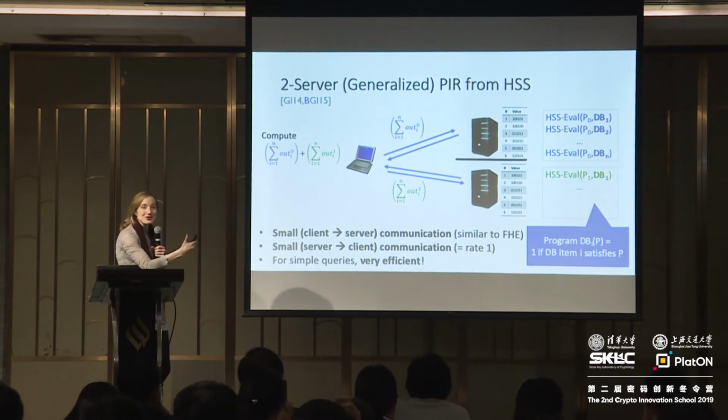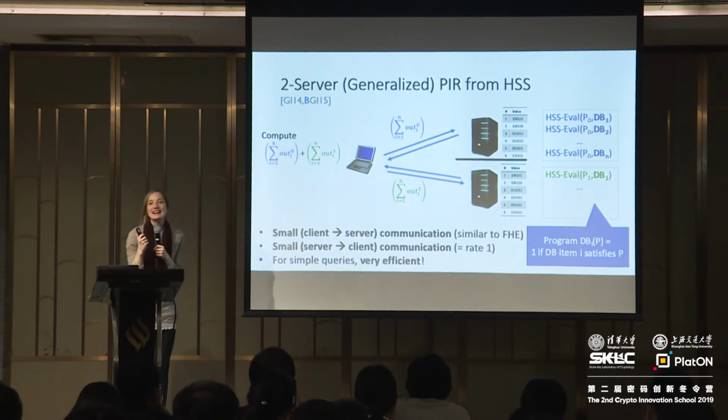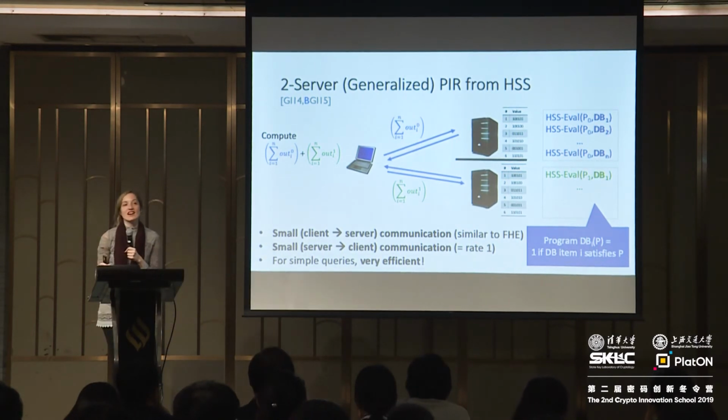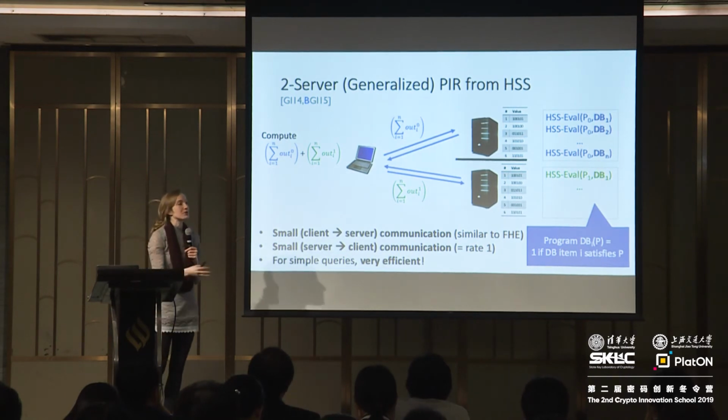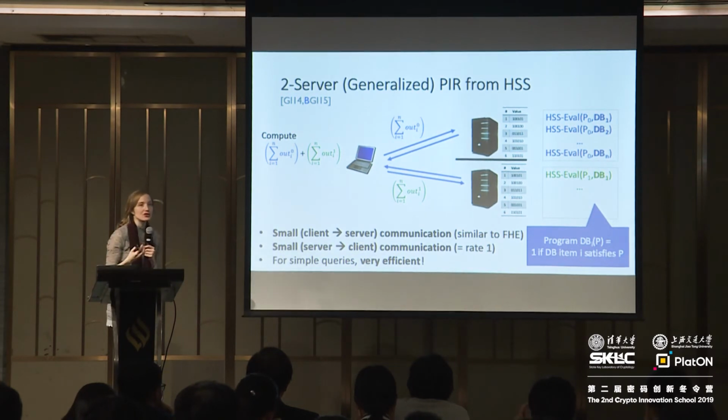And one of the interesting things is that the message coming back is exactly the size of the output. So for example, suppose that whatever I wanted to learn was actually a single bit. Each of these sums is exactly a single bit. So this is the optimal communication on the way back that you hope for.